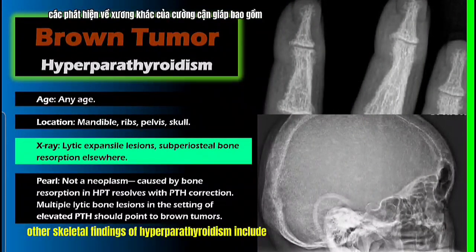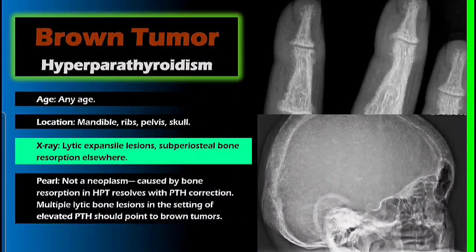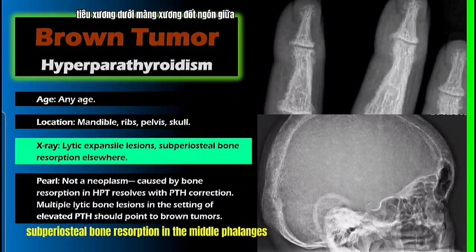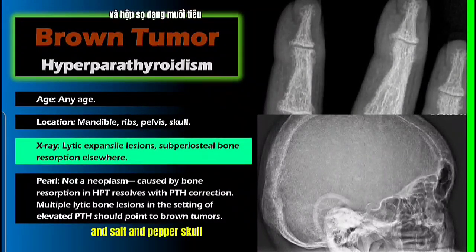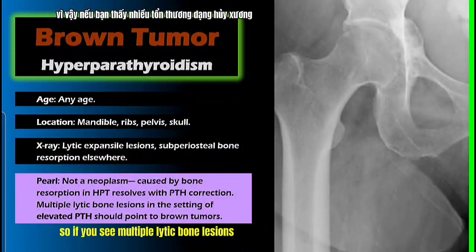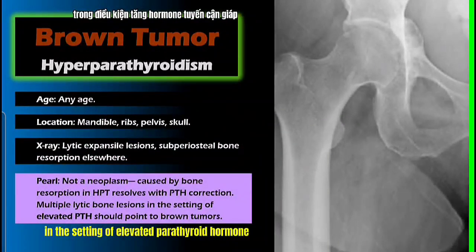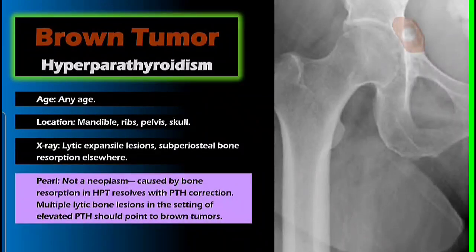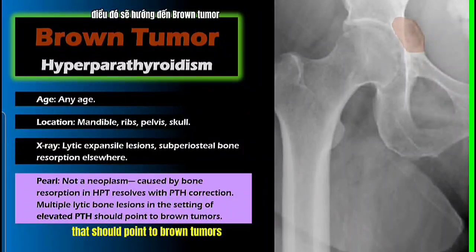Other skeletal findings of hyperparathyroidism include subperiosteal bone resorption in the middle phalanges and salt and pepper skull. So if you see multiple lytic bone lesions in the setting of elevated parathormone, that should point to Brown tumors.